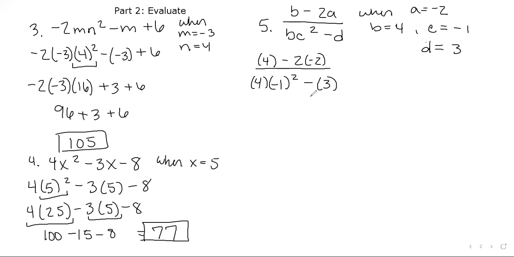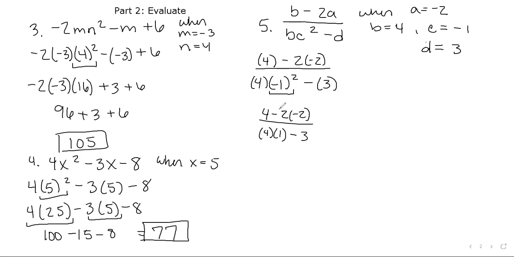So the first thing I would recommend you do is handle this -1 squared. -1 squared is +1. So that means we have 4 minus 2 times -2 over 4 times 1 minus 3, okay?